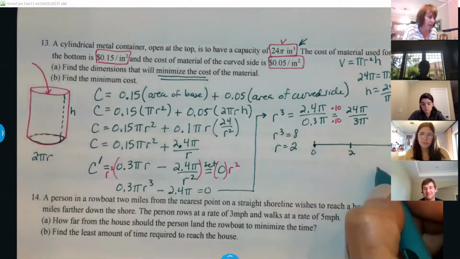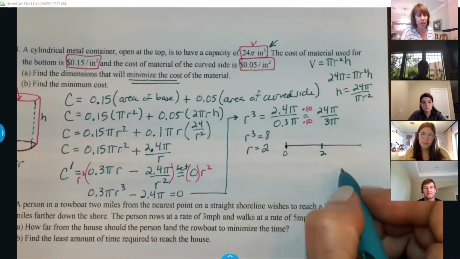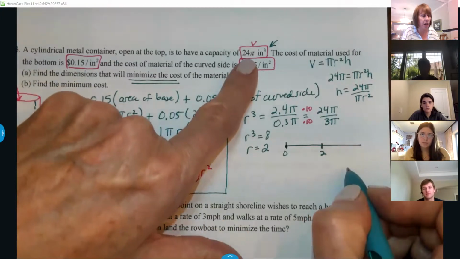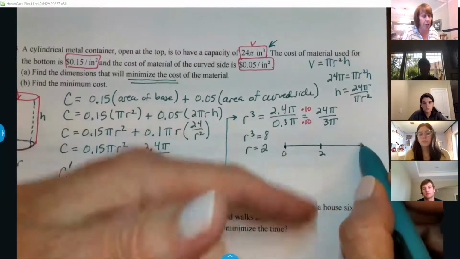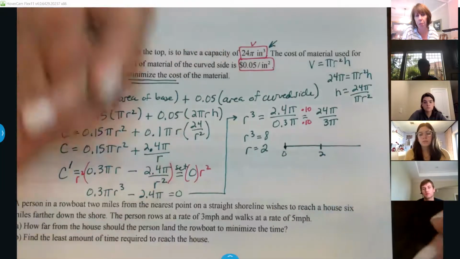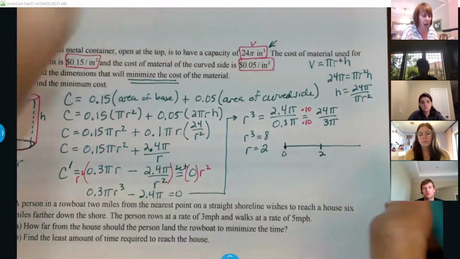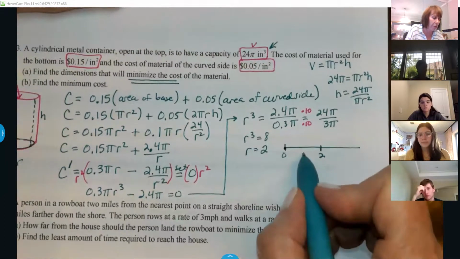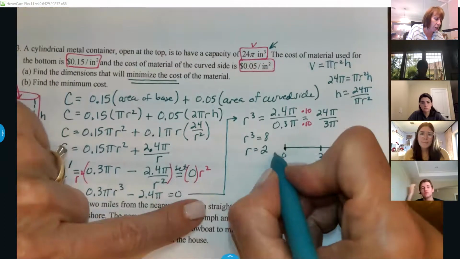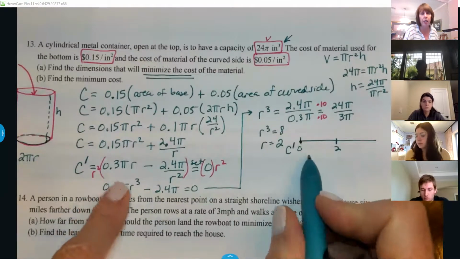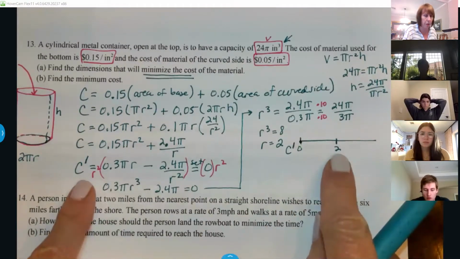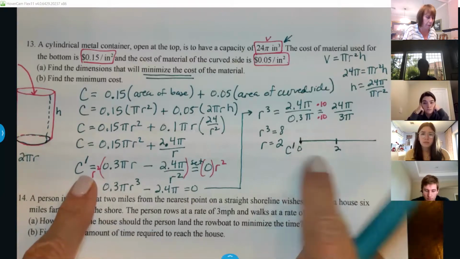And the highest it could be, I'm sure there is a high because the volume can only be 24, but I don't really care. I know that there is a maximum it could be, but let's just not go there right now. I'm going to just do a little sign chart. So I'm looking at C prime here. Because remember the 2 came from C prime, so I'm doing it on C prime.